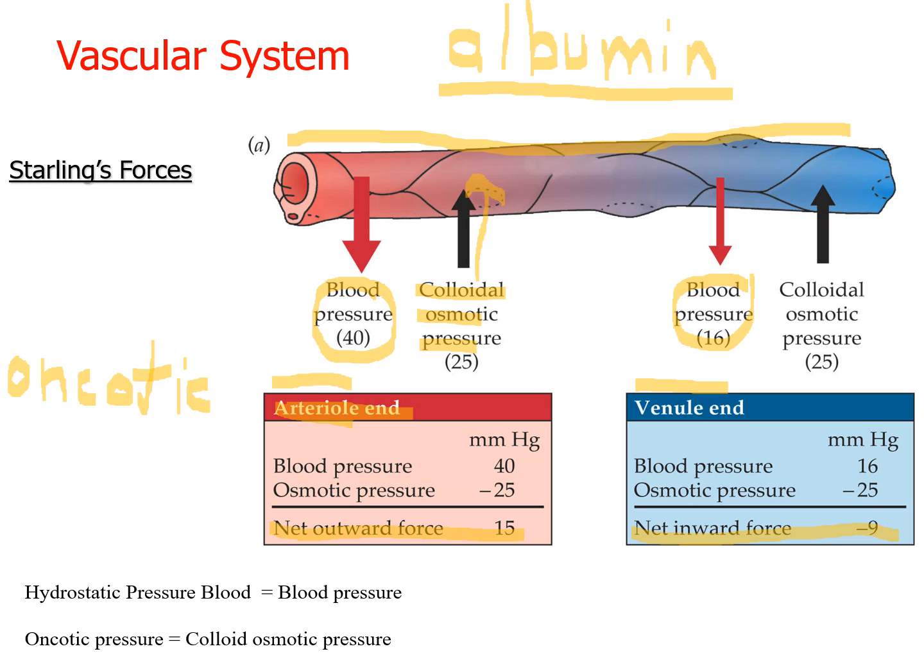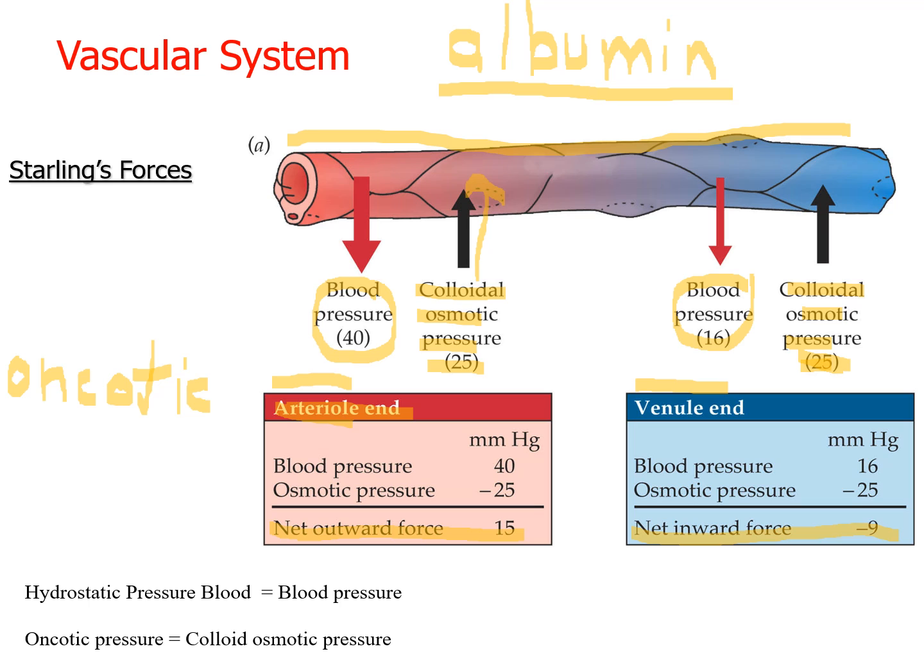I would point out that the colloid osmotic pressure is the same on both sides in this diagram, but in the previous one they were saying that there was more pulling of colloid. In the graph on the previous slide, they showed that the colloid osmotic pressure actually rises, and so I would expect this to be higher than at the venular end.